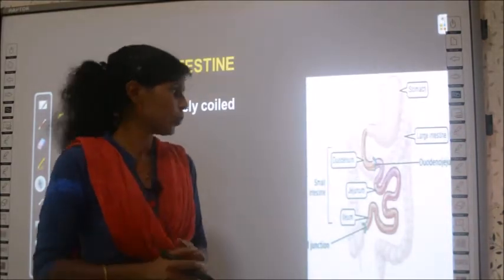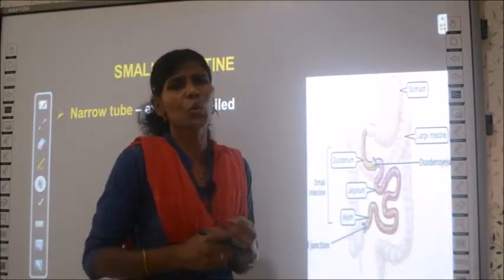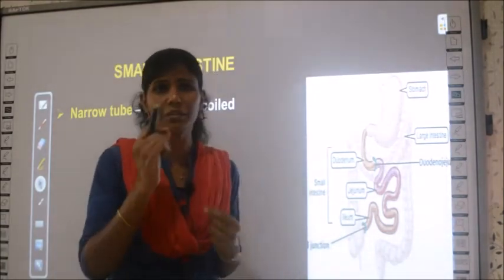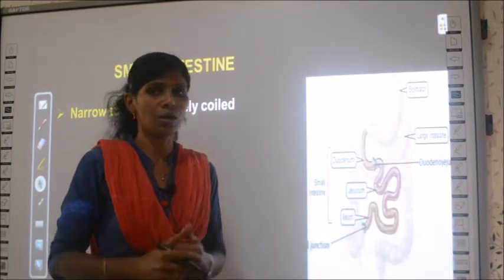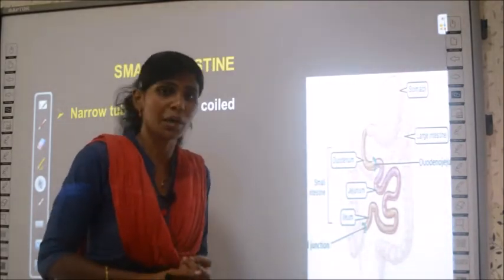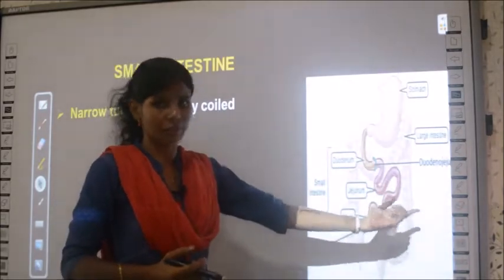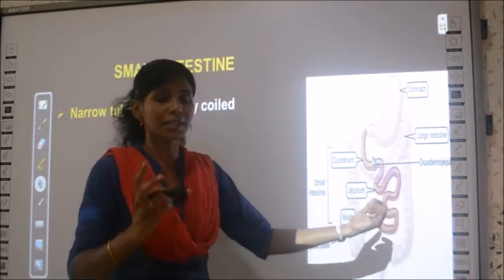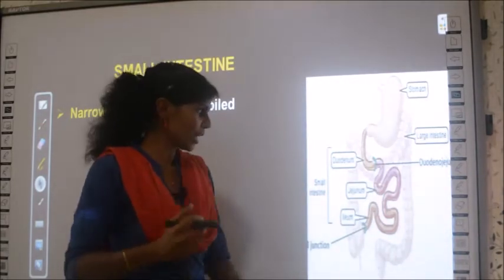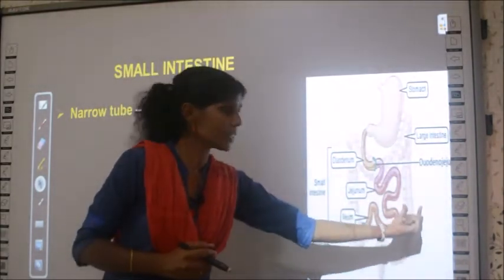Number 1, the small intestine is so much coiled. Coiled means it is twisted and turned, and it is a very long tube. So this small intestine is very much coiled when compared to the large intestine. This is the first difference. The second difference is the small intestine is thin when compared to the large intestine. See, you can see the tube as a thick one.